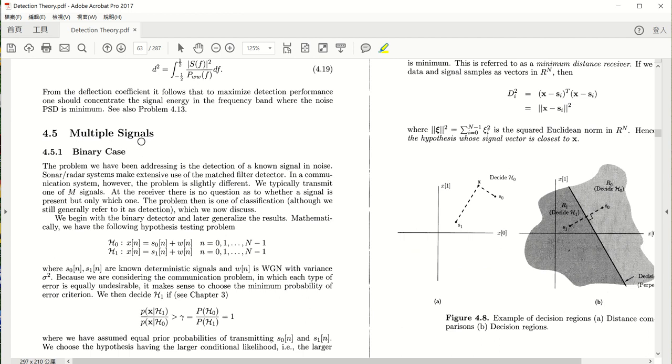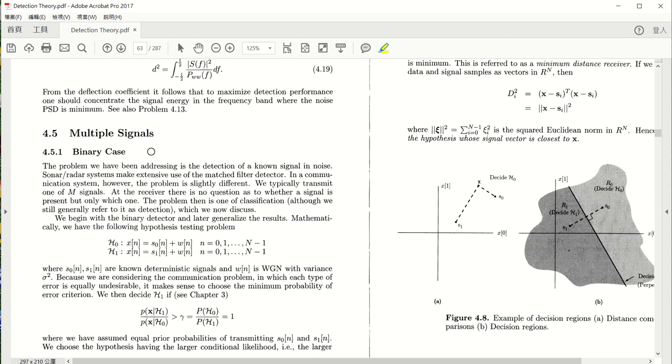Before the multiple case, a quick review for the binary case. Usually when we are doing a detection problem, we are making a decision on which one is the truth, right? We are always asking a question, which one is the truth?